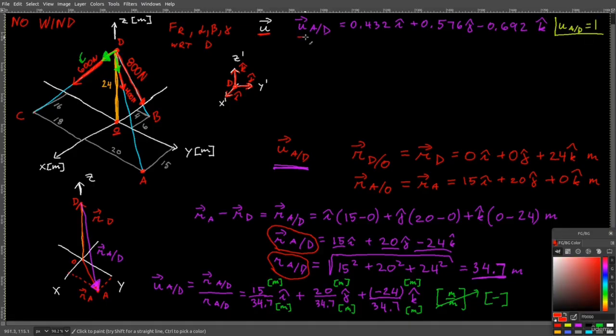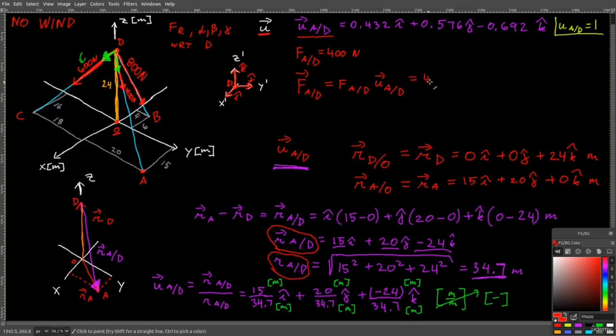And now you can use this unit vector to decompose this force of 400 newtons that goes from D till A. So the force A with respect to D is 400 newtons, but I can also write it down in this form. The magnitude of that force times the unit vector, which is in the same direction.